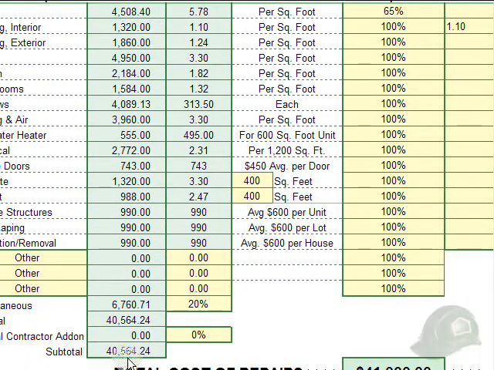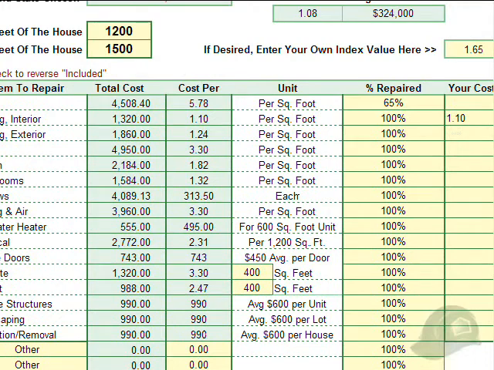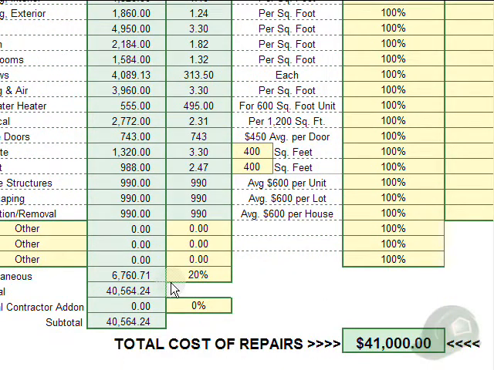the 40,564.24 that we got here, we got the same number by doing this, or by leaving it at the 1.5. We'll see here, if we put in the 15% here, we still have that 40,564.